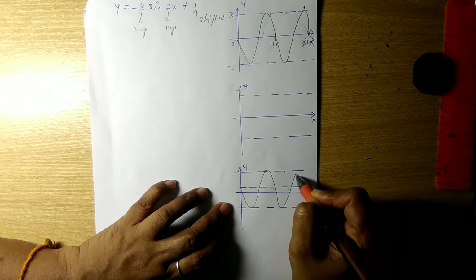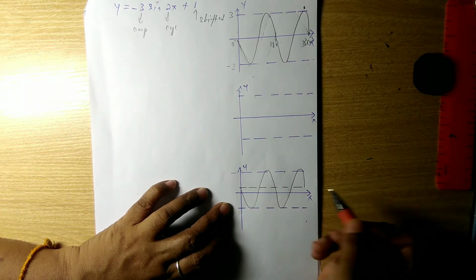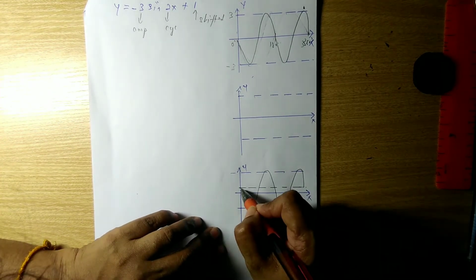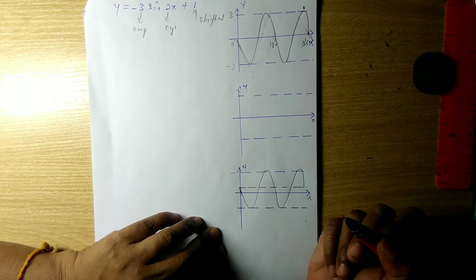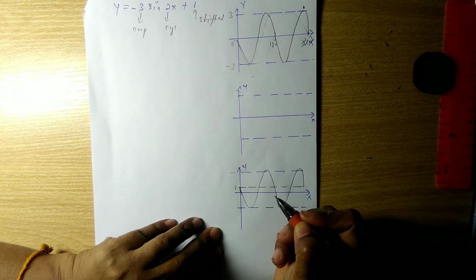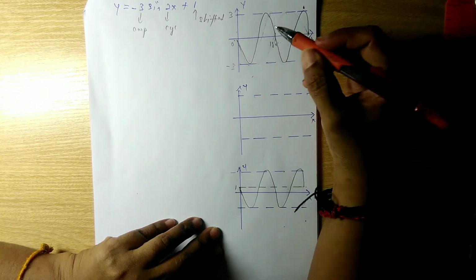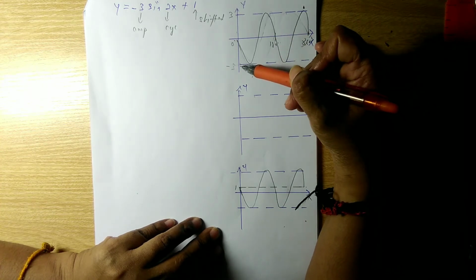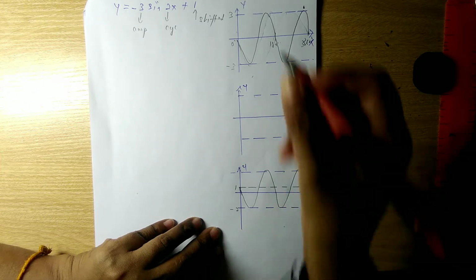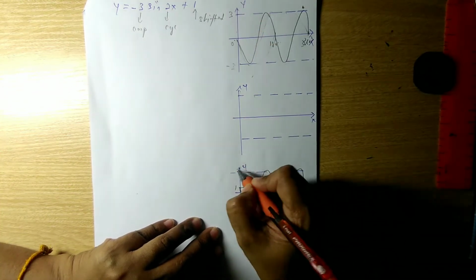Originally it is negative 3, so it goes up and this becomes negative 2. The 3 moves up 1 unit, so this becomes 4. So that's how the graph looks.